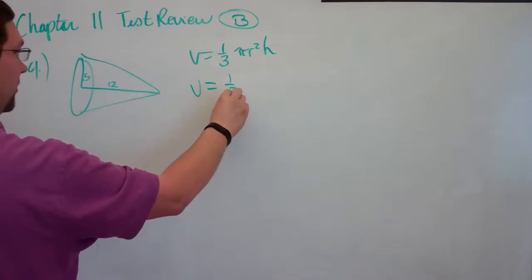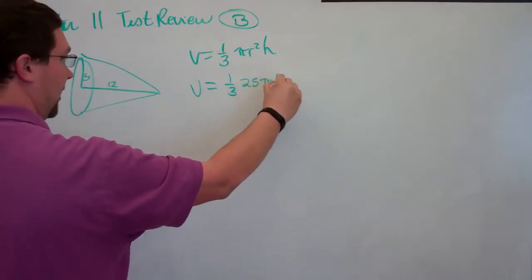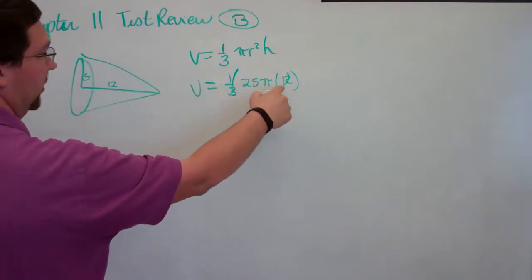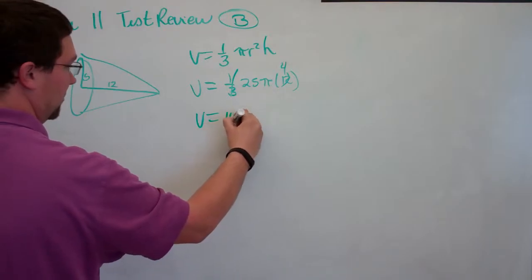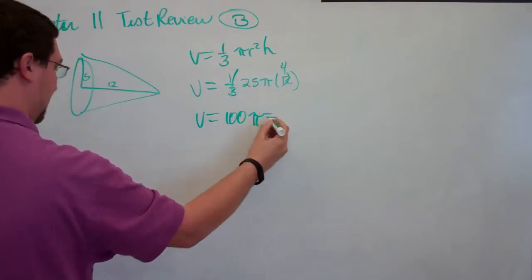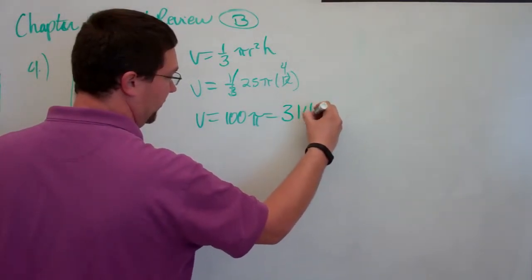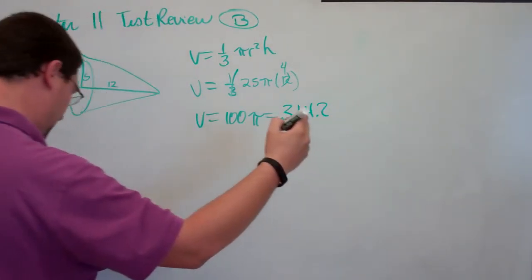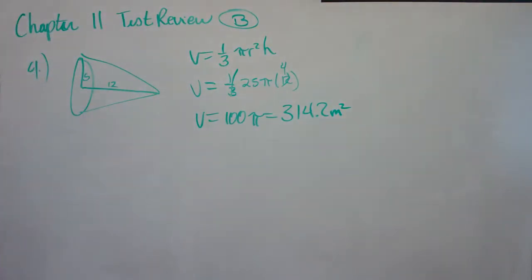So the volume is 1/3. R squared is 25 pi times our height, which is 12. The 12 and the 3 are reduced down, make a 4. So this comes up to 100 pi. I believe they want it to the nearest tenth. Yes, they do. So that's simply 314.2 units. What were they? Meters squared. Okay?